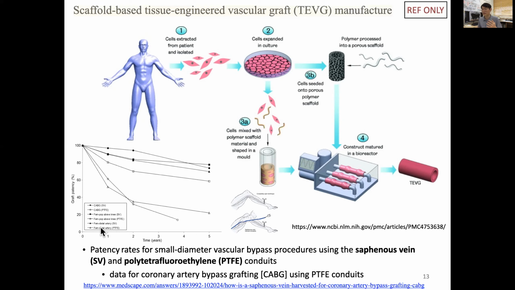And for the femoral distal artery, the triangles, it is still lower. So we can see the patency rate for small diameter vascular bypass procedures. It is probably still better to use the saphenous vein instead of these PTFE tissue-engineered conduits.